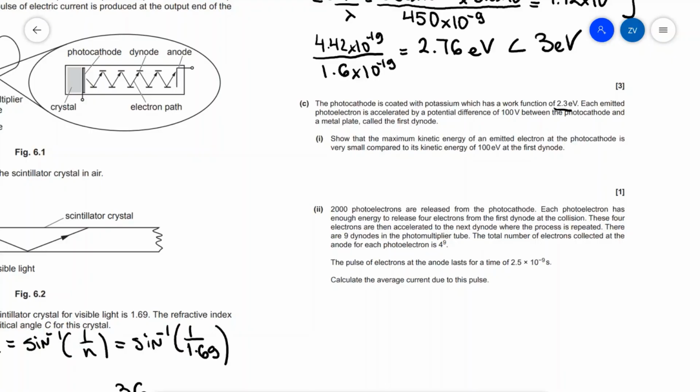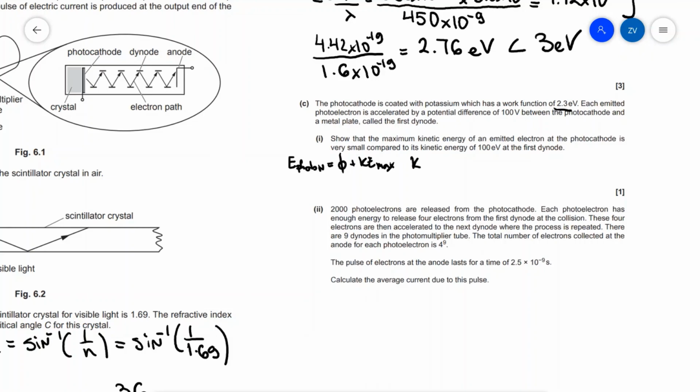Okay, well, we're going to have to use Einstein's equation. We know that the incoming photon of light which emits the photoelectron is 2.76 eV. So remember, Einstein's equation just says that the energy of the photon is equal to the work function plus the maximum kinetic energy of the emitted photoelectron.